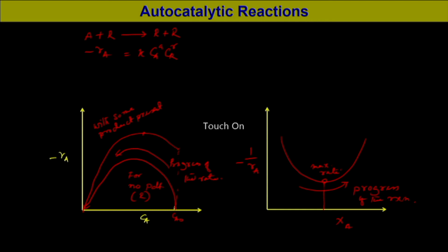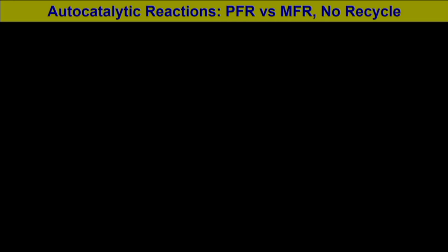If we consider plug flow versus mixed flow and no recycle, in this case if we plot minus 1 by Ra versus XA, the plot would be like this.